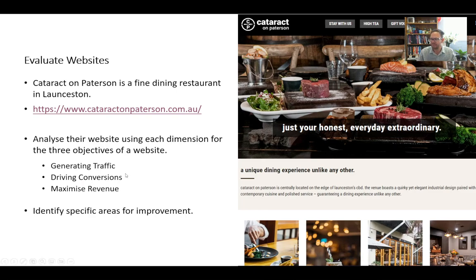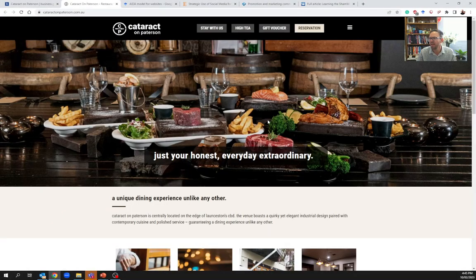So let's think about the first one, generating traffic. If I tab across, do you think that this website would generate a lot of traffic? And if so, why would that be? What is it about this website that makes people want to go there? You can look at the domain. Remember we talked about domains at the beginning of this week's lecture, about how important they are.